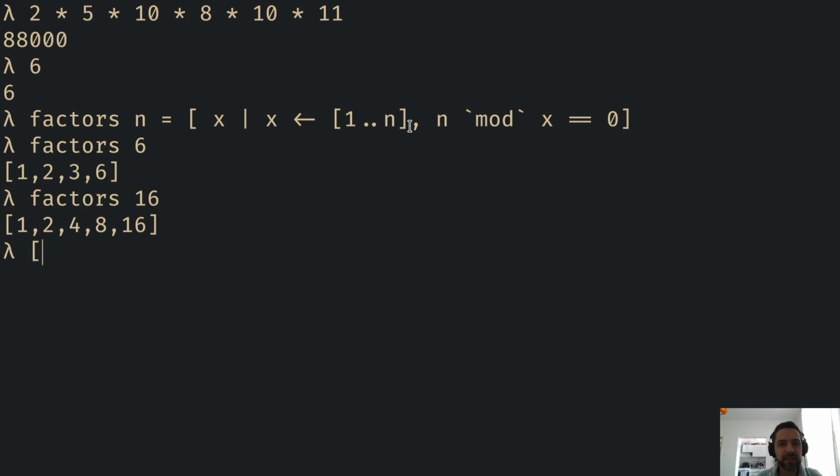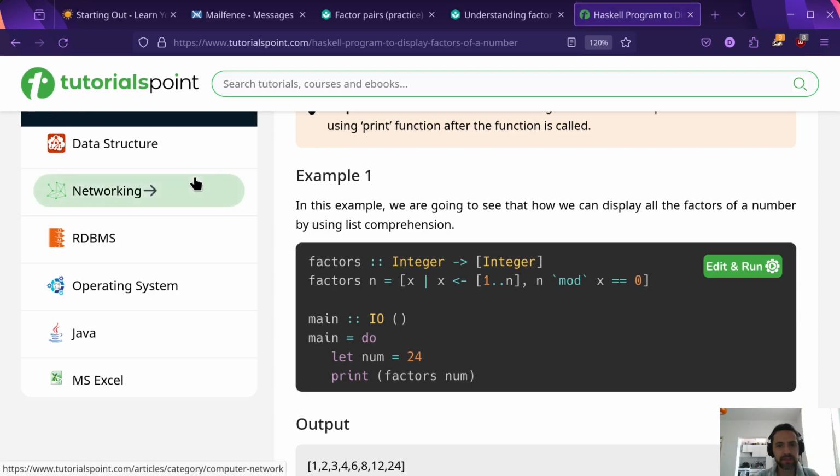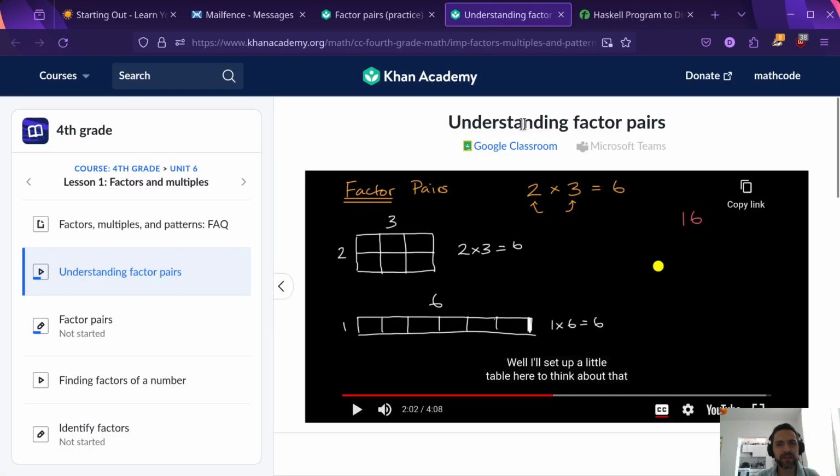So 6 was input, so 1 to 6. Oh, because it's a list of numbers. We want a list of pairs. Factor pairs. He was saying about factor pairs. Why did he say that?